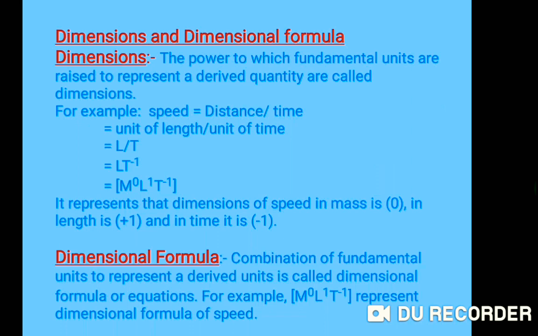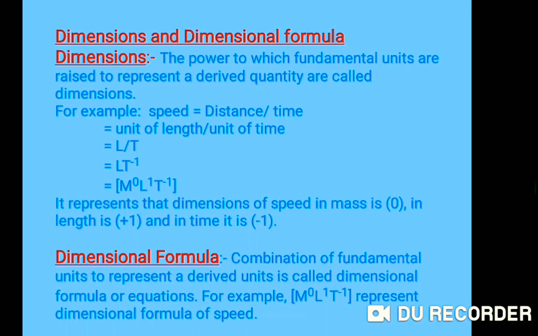For example, what is the dimension of speed? Here we are using the general formula of speed, which is distance by time. We have already discussed that for distance we take the unit of length, and for time we take the unit of time.